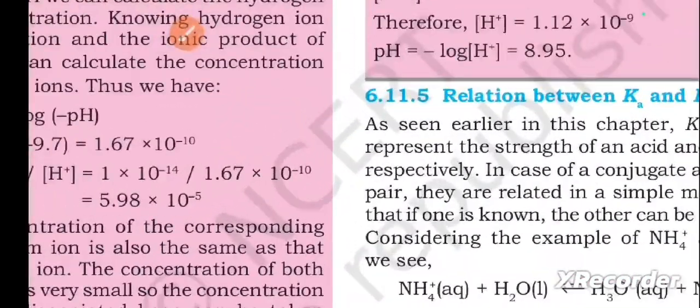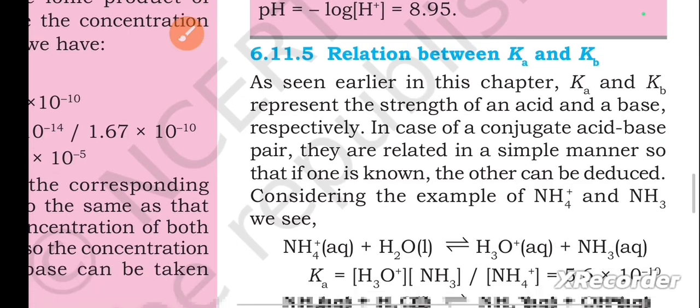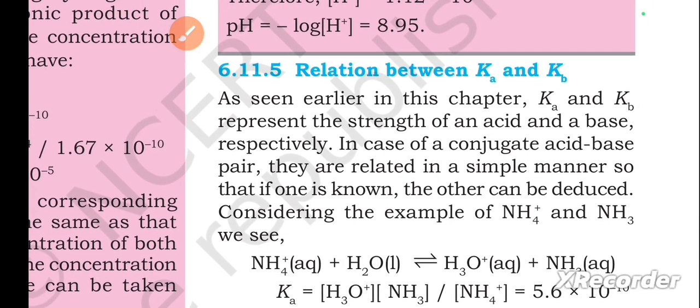Next, relation between Ka and Kb. As seen earlier in this chapter, Ka and Kb represent the strength of an acid and a base respectively. In case of a conjugate acid-base pair, they are related in a simple manner so that if one is known, the other can be deduced.